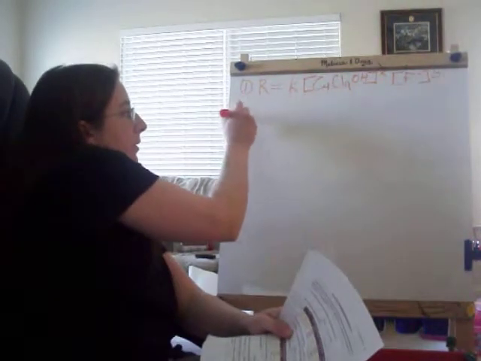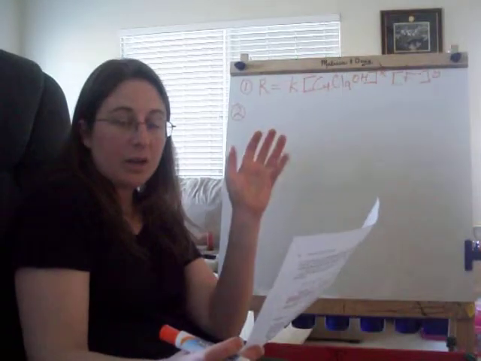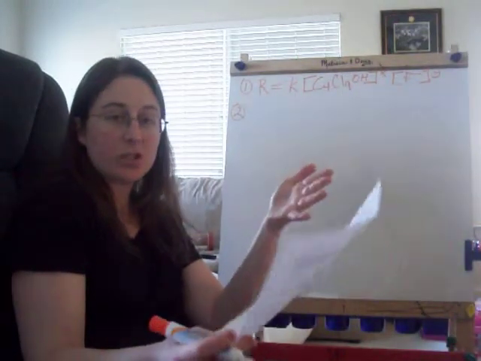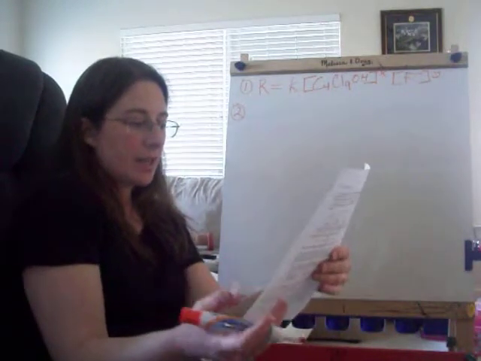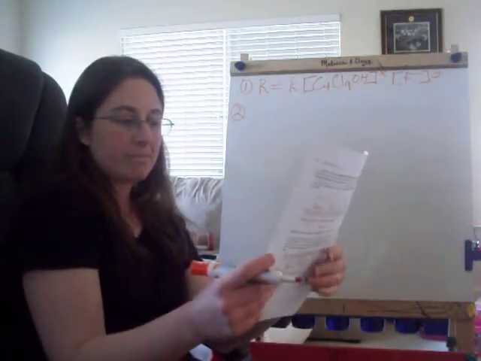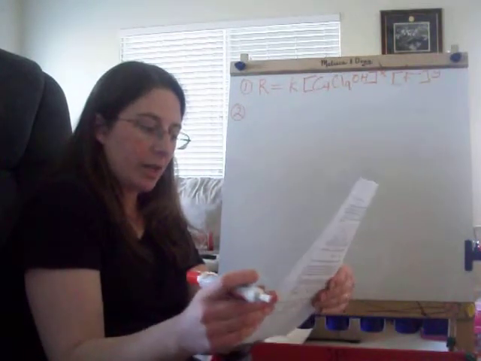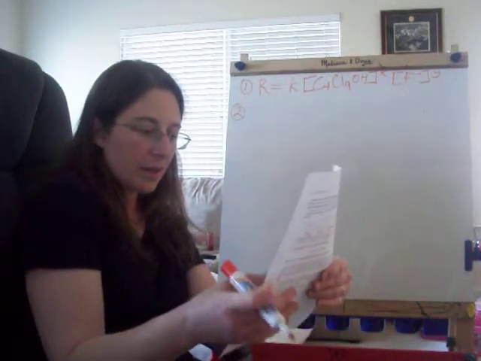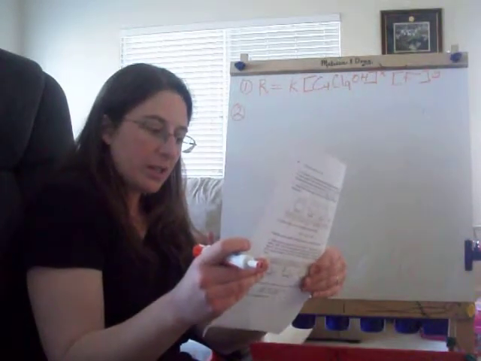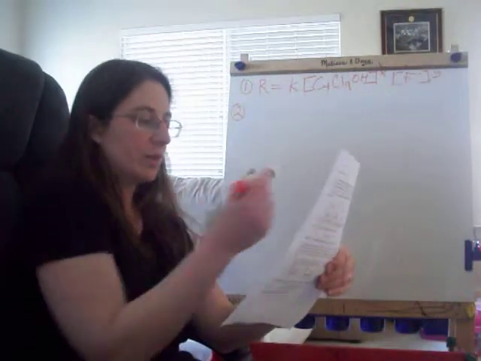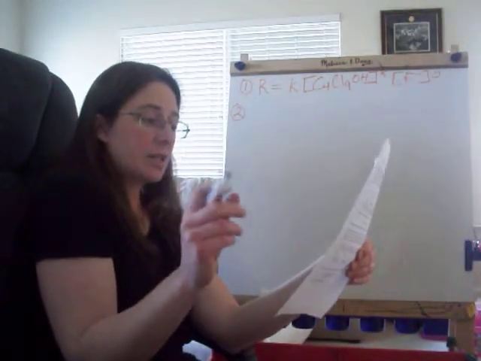Second thing we're going to do is look at what happens when one chemical's concentration is constant and the other changes. So if we look at trials 1, 2, and 3, it looks like between trial 1 and trial 2, the concentration of C4Cl9OH is constant.